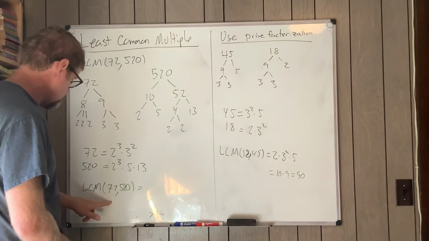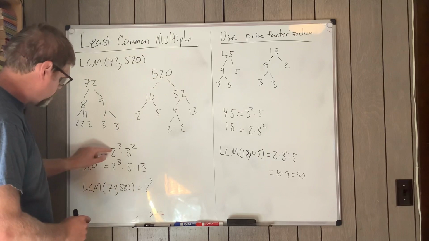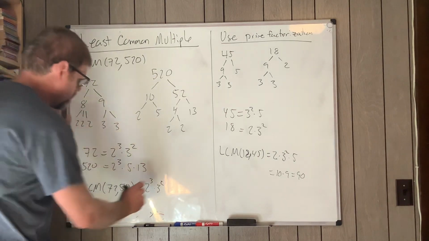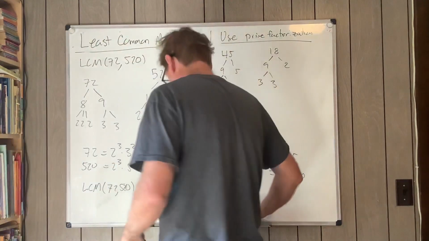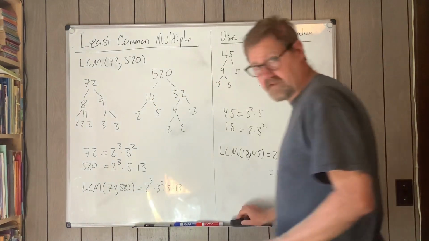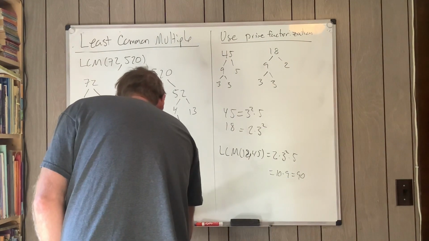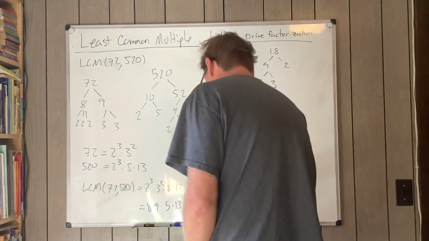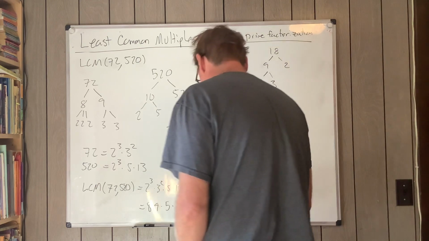All right, so I need a 2 cubed, it's in both. I need a 3 squared, it's in that one. I need a 5 and I need a 13. Now often you can just leave it like that. And I don't know, let's just go ahead and multiply out. I'm going to do 8 times 5, that's easy.